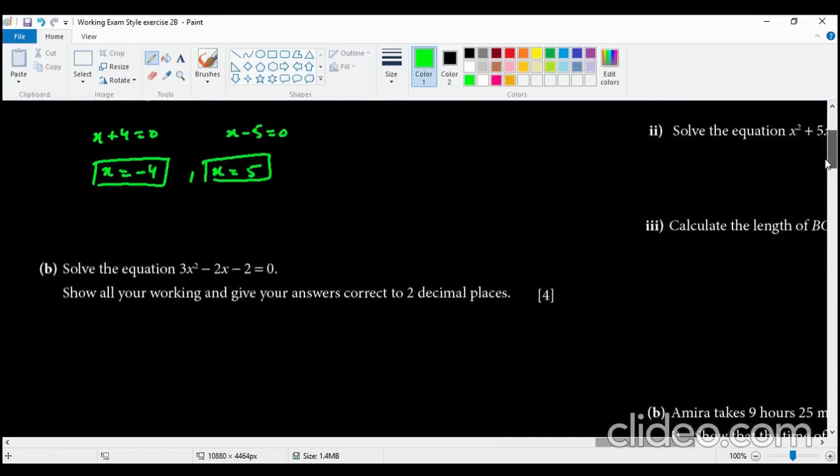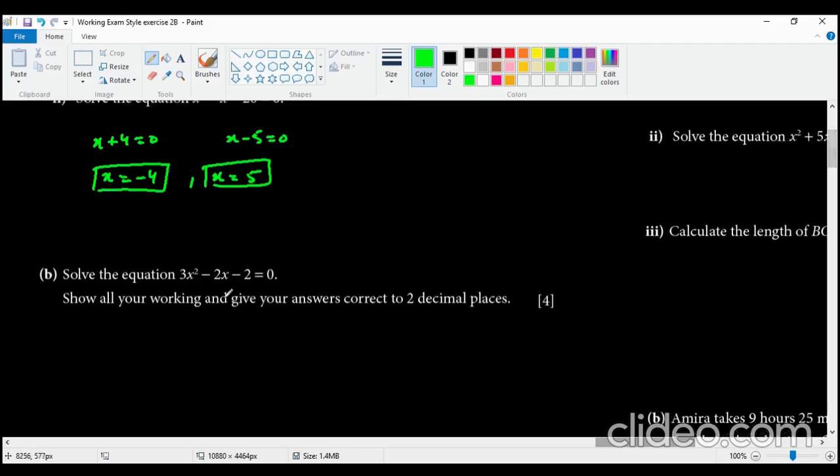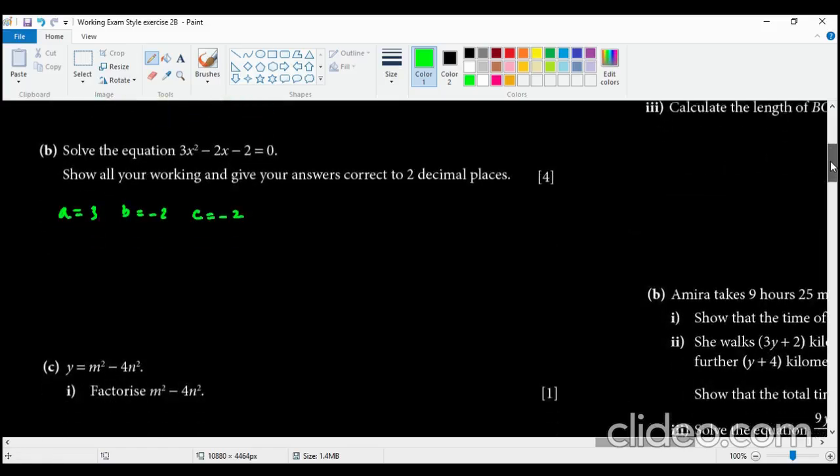Moving on to, we need to find out this correct to two decimal places. So that means in here we are going to find out the value of a is 3, b is negative 2, and c is also negative 2. We use quadratic formula for this.